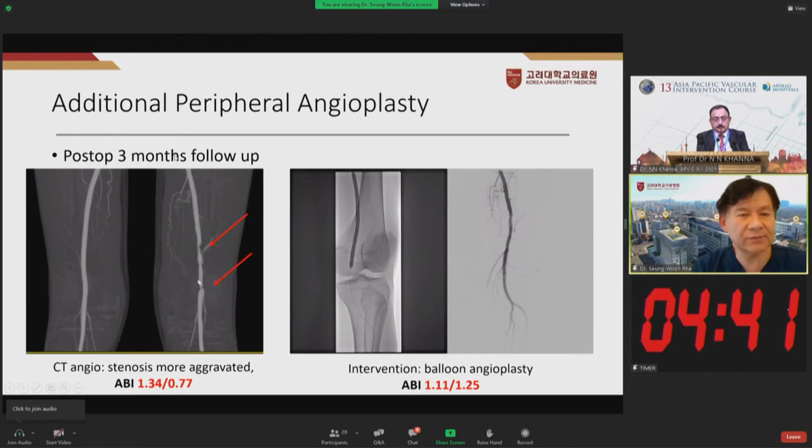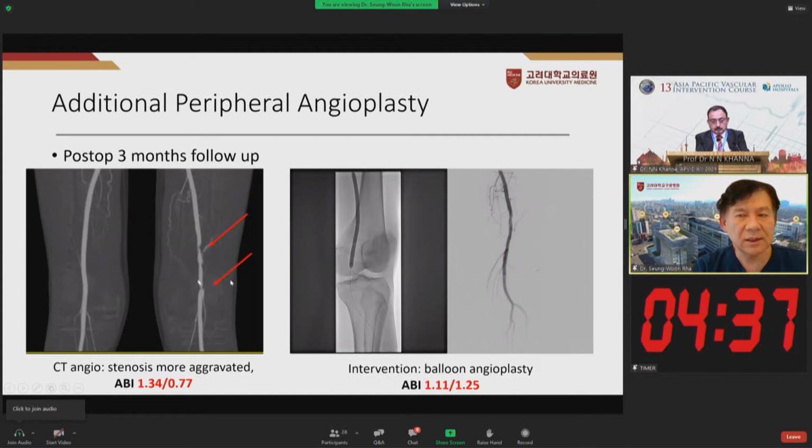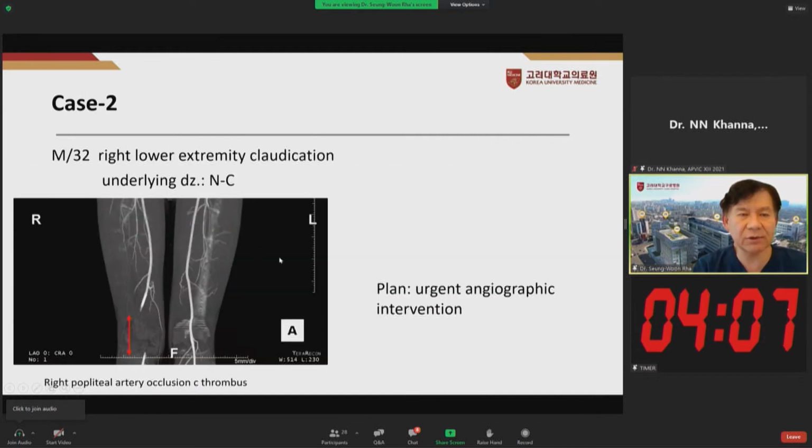We did a follow-up CT angiography and found another region here. So disease progression was found. We did an additional angioplasty, and the symptom was relieved and the ABI was increased. So in this kind of situation, not only external compression, but also de novo progression of disease can occur. A sequential hybrid management was required in this particular patient.